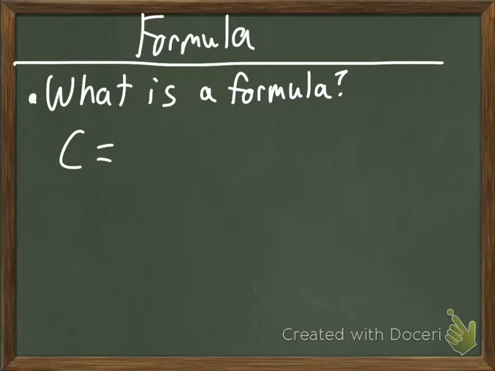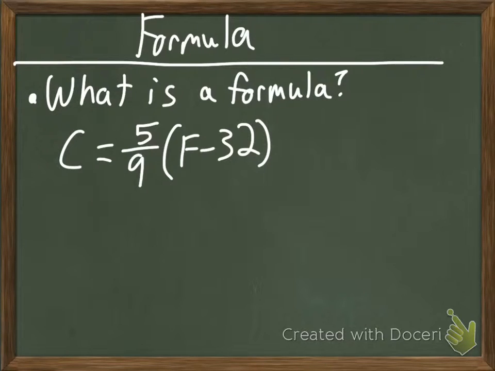Like if we wanted to convert to Celsius and we knew Fahrenheit, we would say that Celsius C equals 5/9 times F minus 32. And the nice thing that we can do with formulas is that we can manipulate them and move them around to see what else we can figure out.